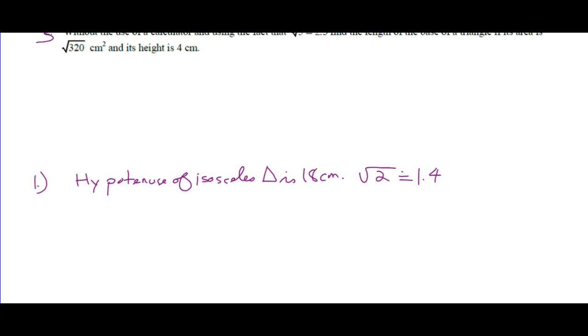Okay, so number 1, which we'll do down here. Okay, what do we got? Hypotenuse of isosceles right triangle is 18 centimeters. Given that root 2 is approximately equal to 1.4, determine the lengths of the other 2 sides.